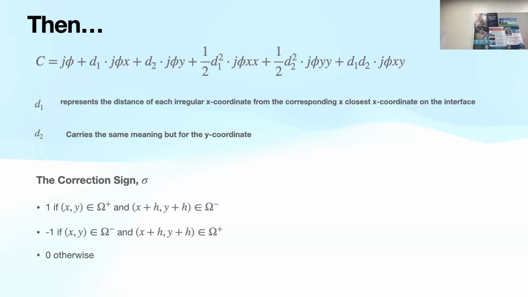We write a 3-point stencil. u i, u i plus 1.